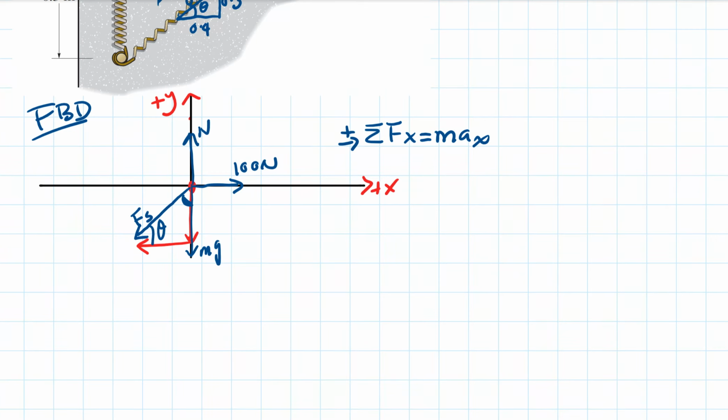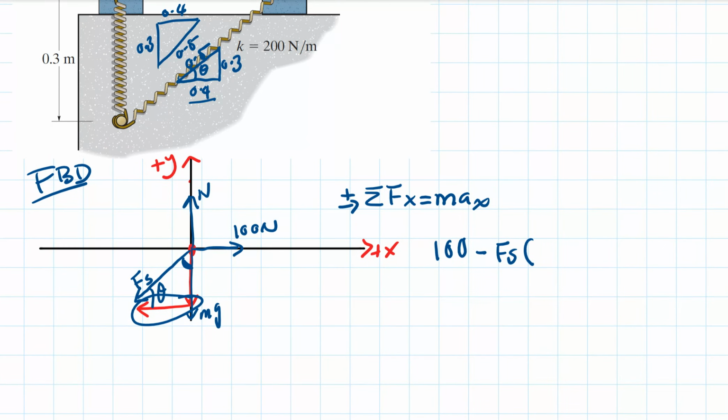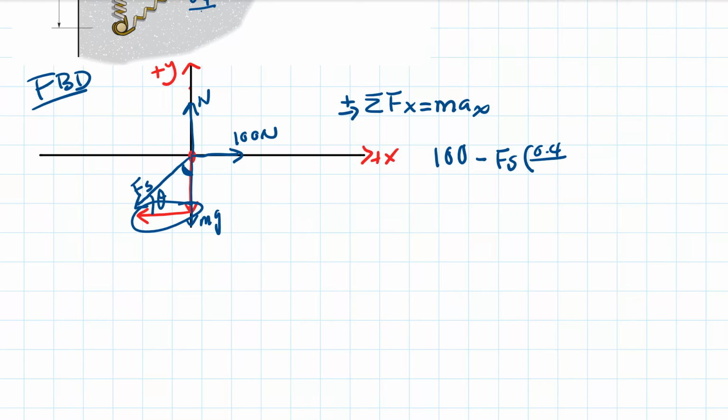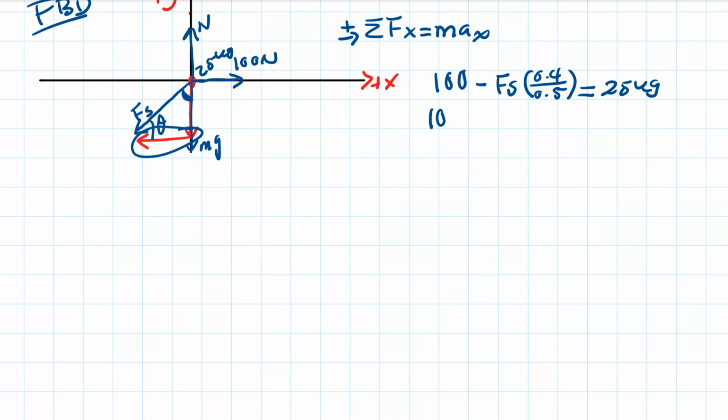All right, so right here to the right we have our 100 Newton minus the horizontal component of the force of the spring, times, since this is adjacent, it will be 0.4, and the cosine is adjacent over hypotenuse, so 0.4 over 0.5, equal to the mass, which is 25 kilogram, times acceleration. So 100 minus the force of the spring, which is the spring constant times how much the spring got stretched, times 0.4 over 0.5, equals 25 times acceleration.